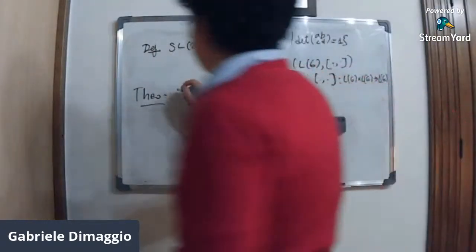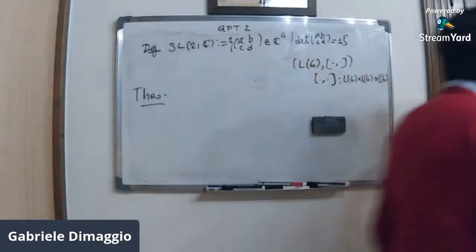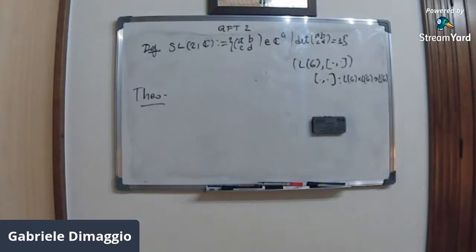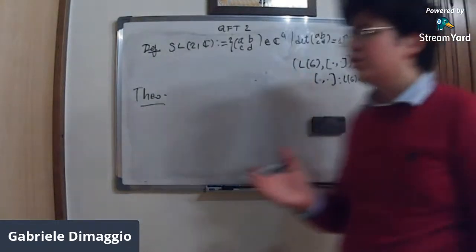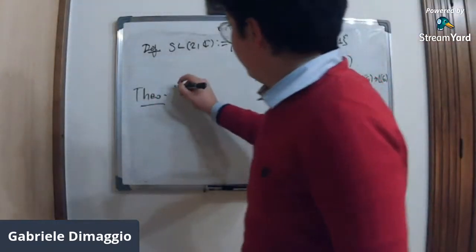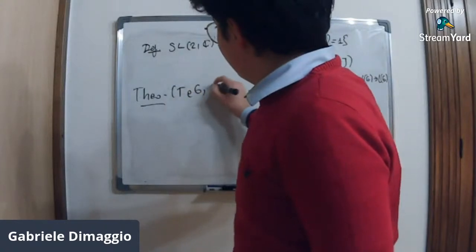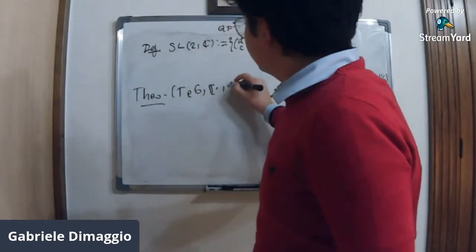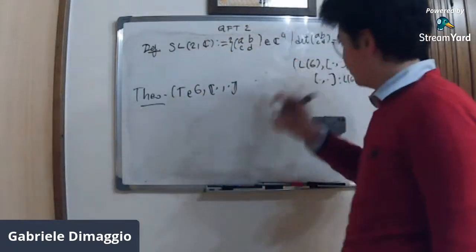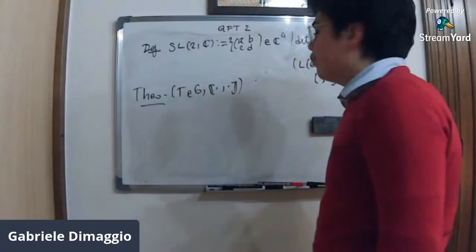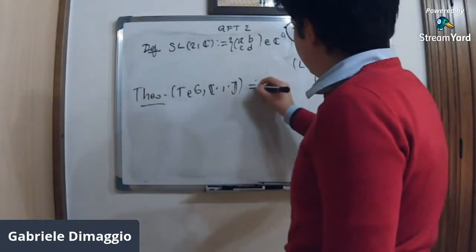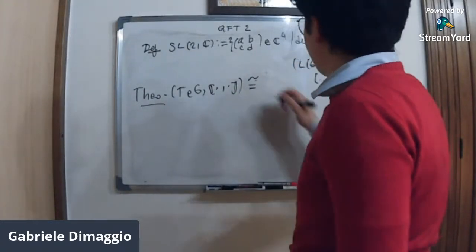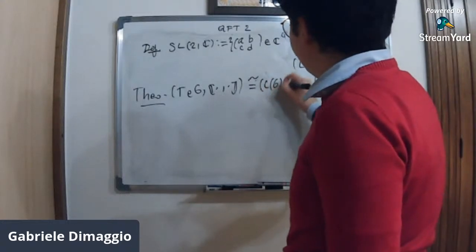This is a particular theorem. If you want, we can show this theorem. I can show you the proof of this particular theorem, but it's very long. So if you want to see the proof, I can show it to you. So LG.